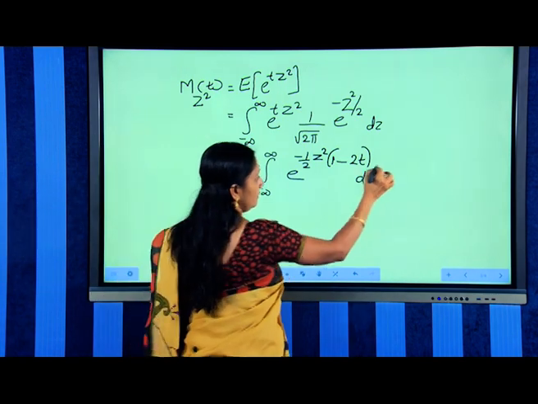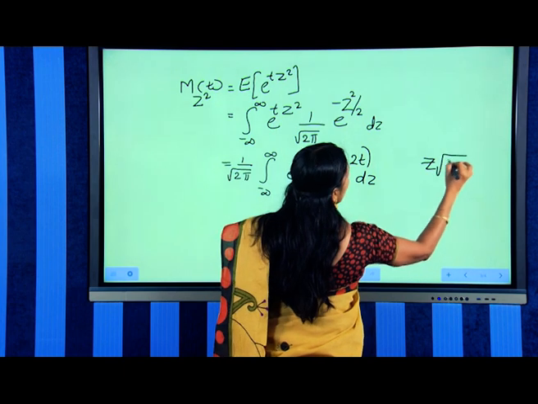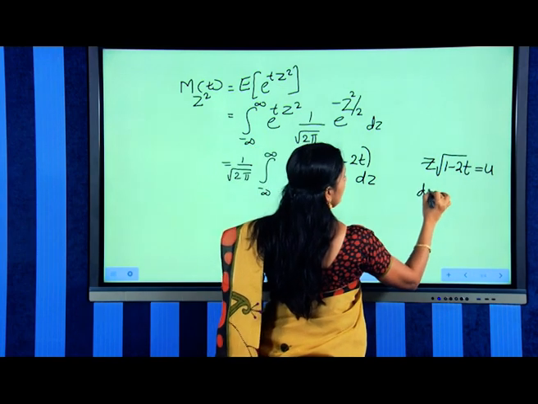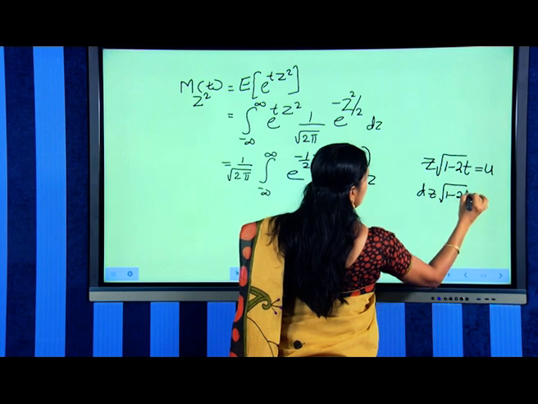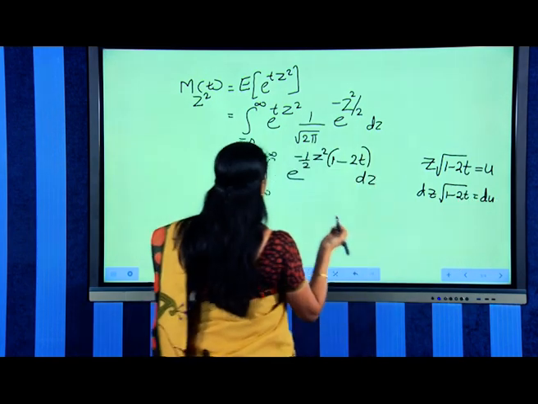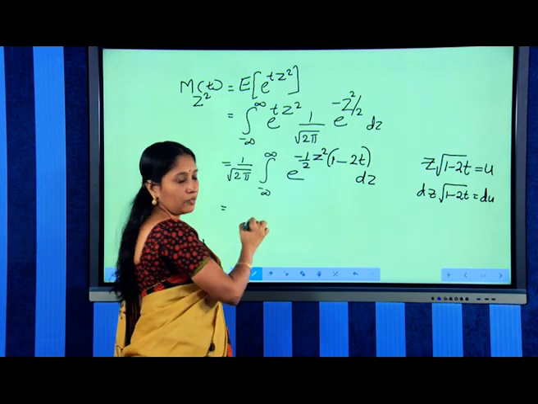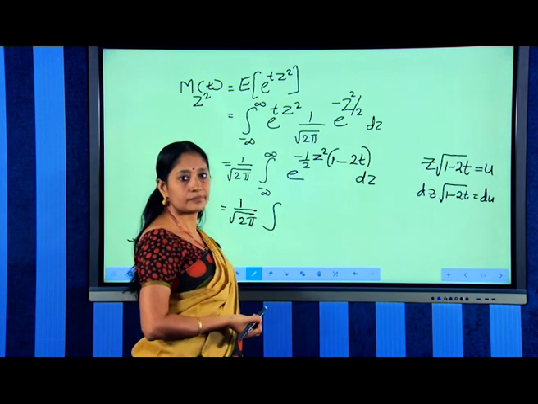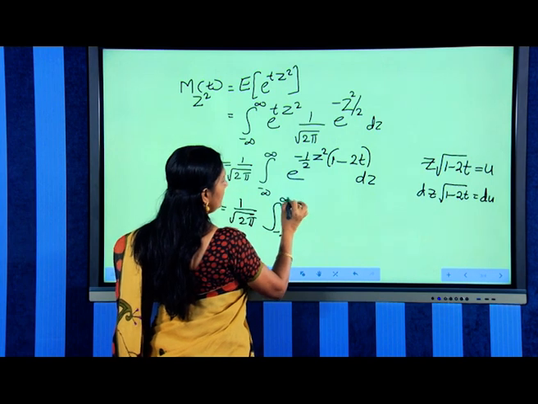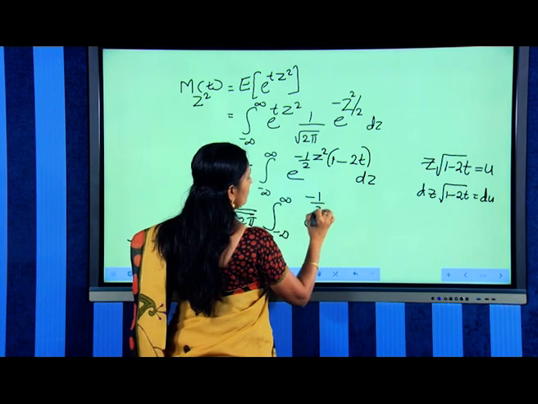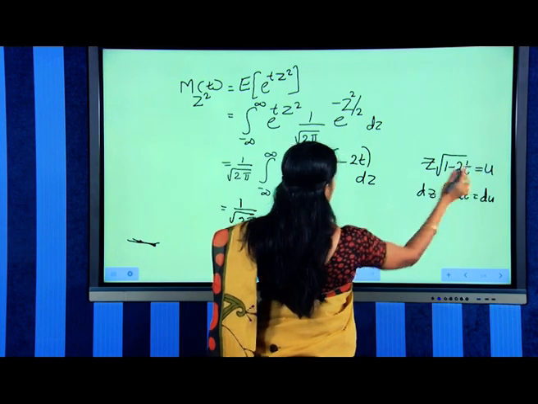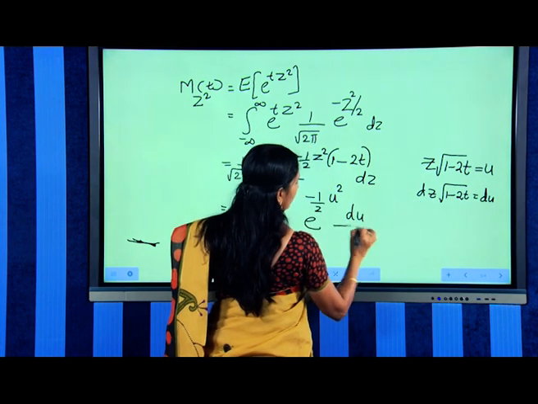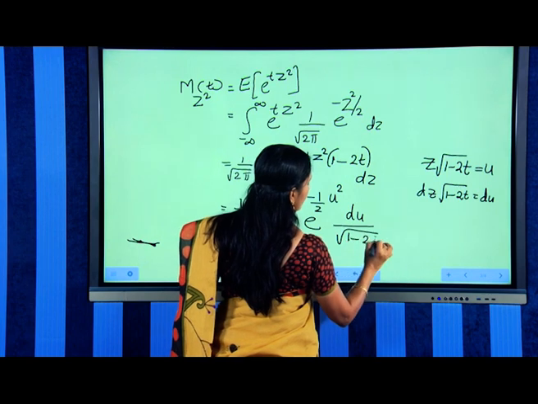Now, substituting z root (1 minus 2t) is equal to u, dz root (1 minus 2t) is equal to du, and hence this will become 1 by root 2 pi integral minus infinity to infinity e raised to minus 1 by 2 u square, dz is equal to du divided by root of (1 minus 2t).